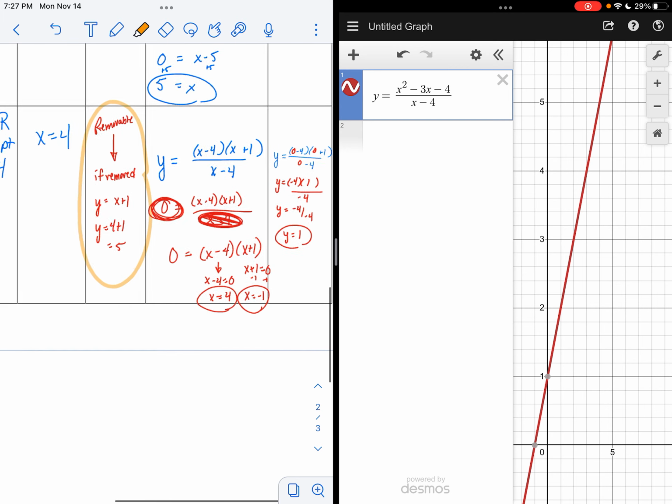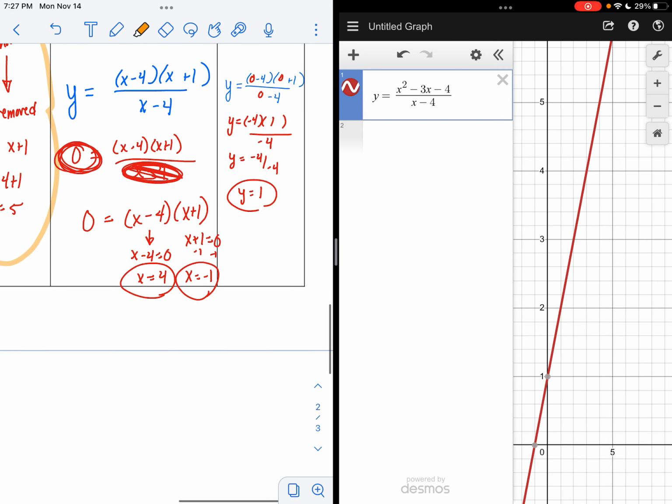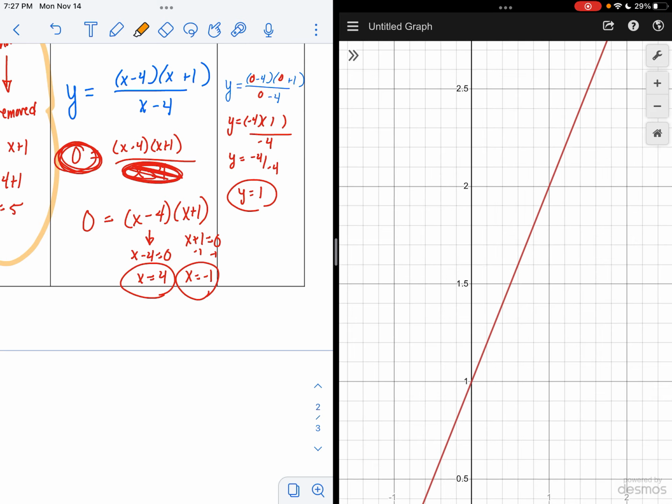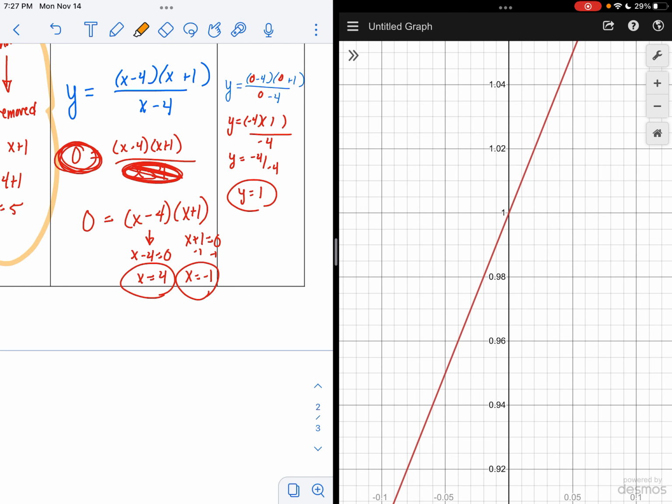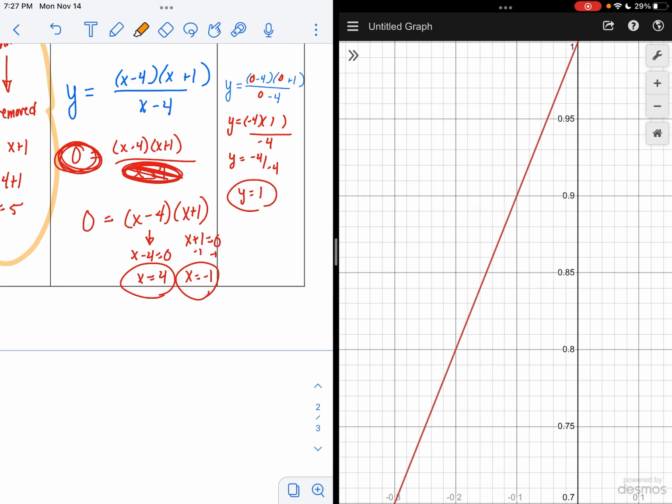Let's check out our intercepts. We should have one at 4 and one at -1. But we don't. Oh, I see your y-intercept already. Y-intercept is good. So the question is, why don't we have the x-intercepts that I want? Zoom out.